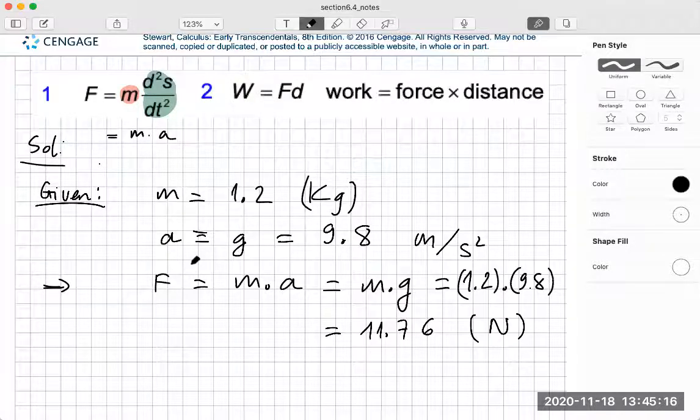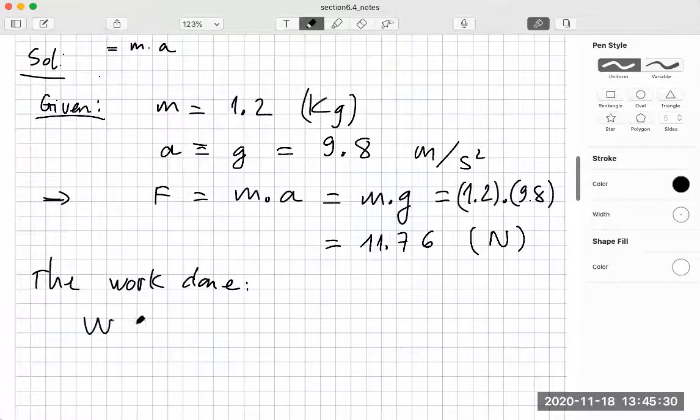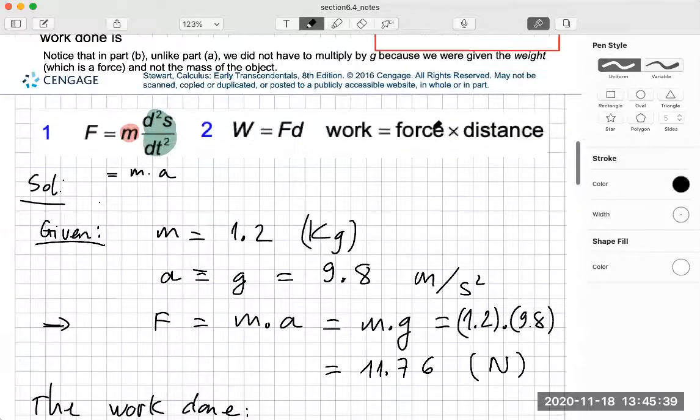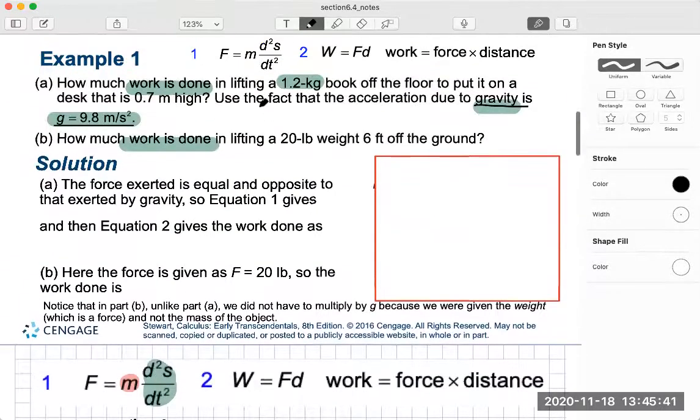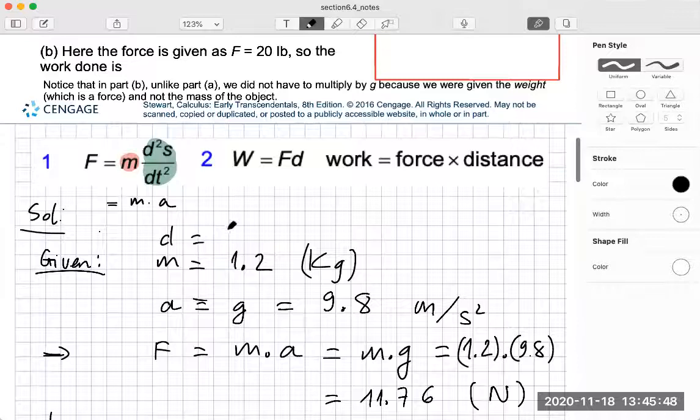So we need to find the work done. We have just found F here, and we are also given that d, the distance, is 0.7 meters.